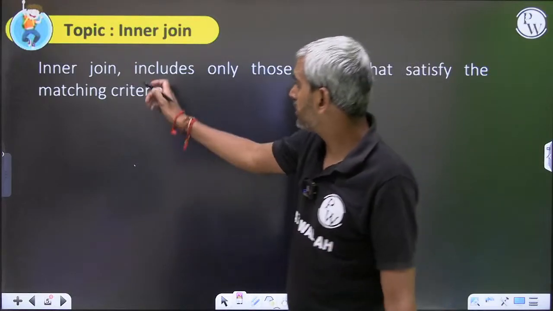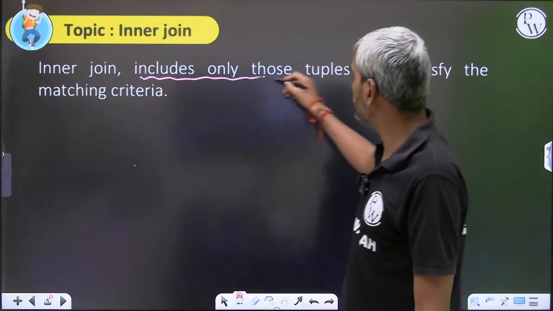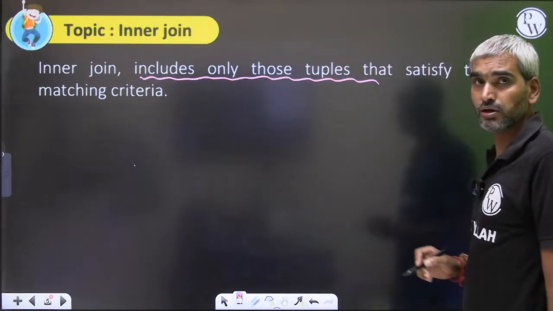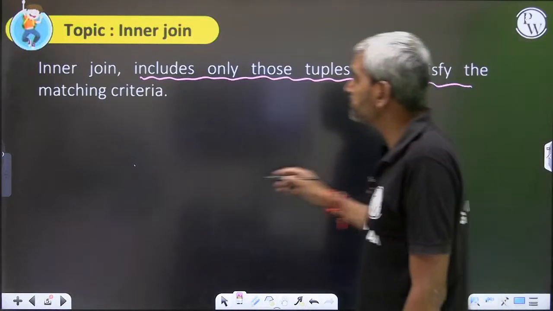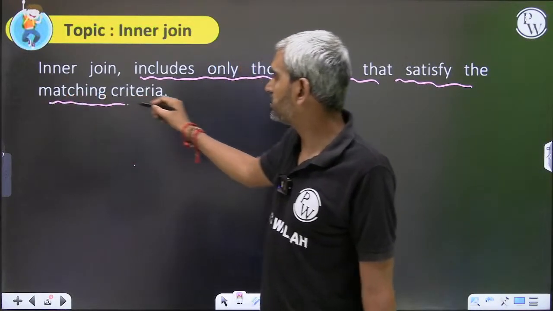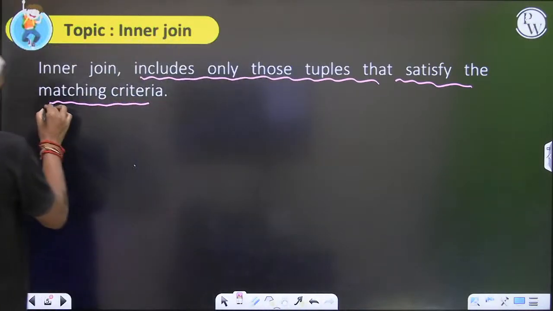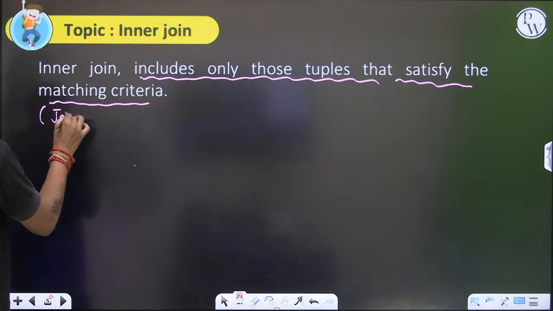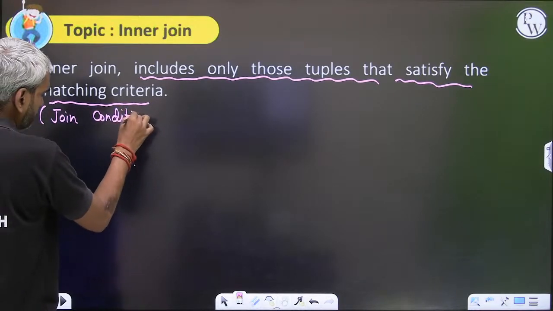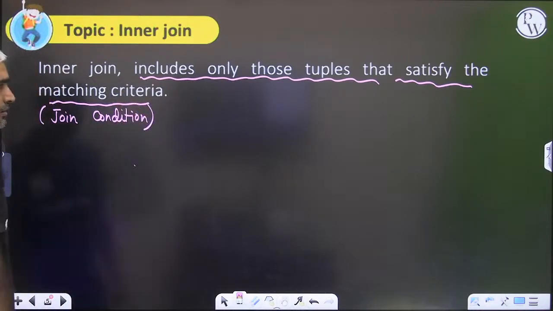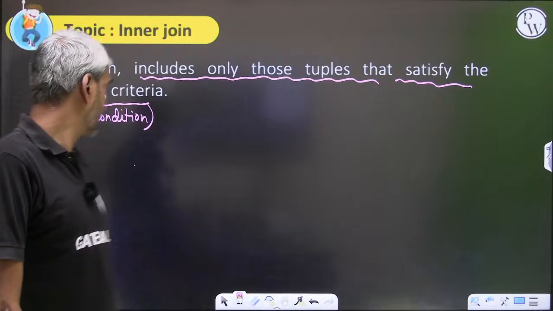Clear? Inner join will include only those tuples that satisfy the matching criteria or join condition. Matching criteria or join condition, same thing.